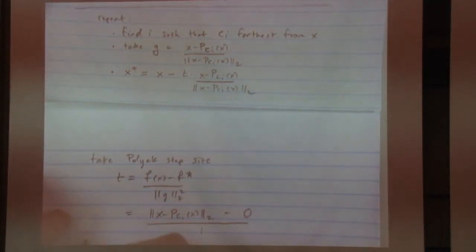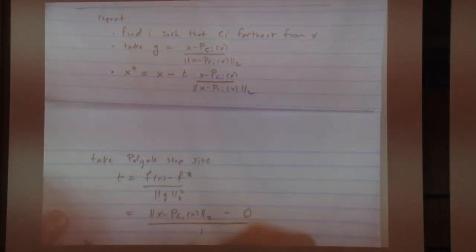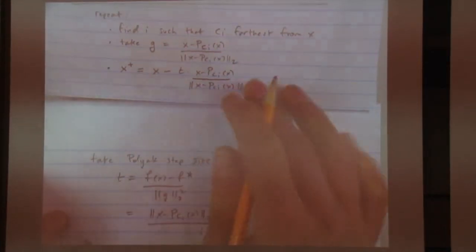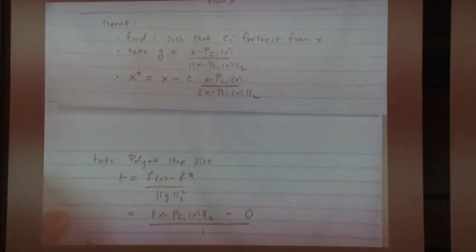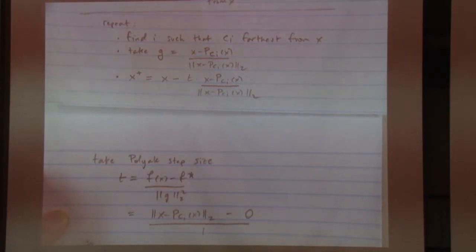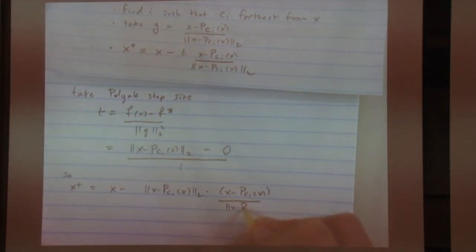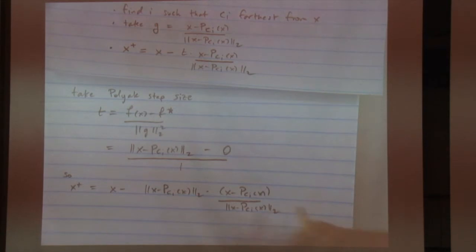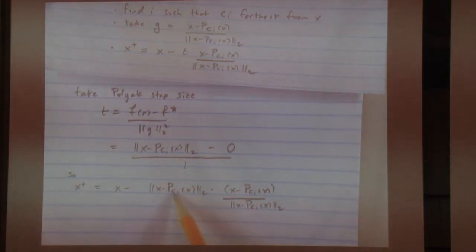And so what does that mean? It means that x plus is equal to where we are, x, minus, the denominators cancel, right? I'm doing x minus the norm of x minus P_Ci(x), times x minus P_Ci(x) divided by the norm of x minus P_Ci(x). These cancel.